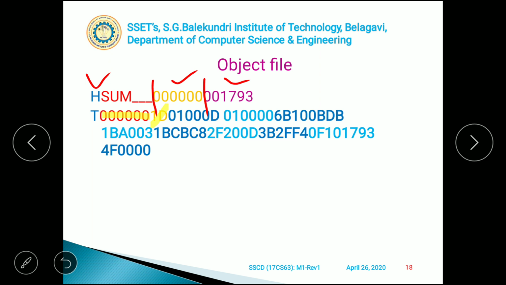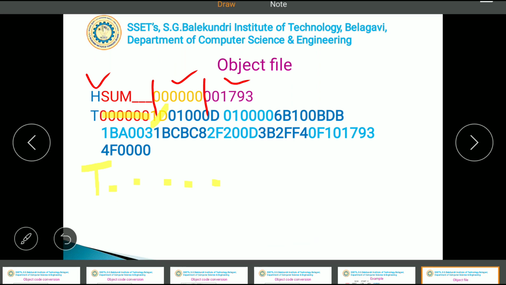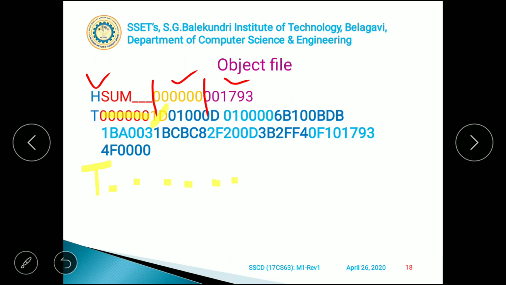If it is greater than that, you have to initiate the next text record, and after T give the next starting address, again with 6 columns, then the length comes again, and it goes on. But in this case that is not required, so we have given only 1d.